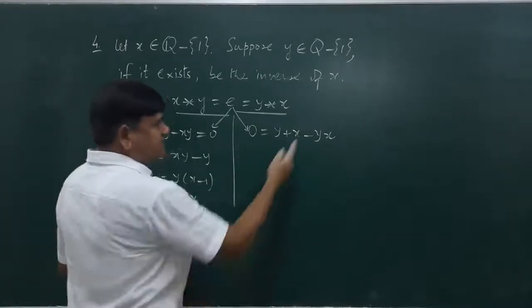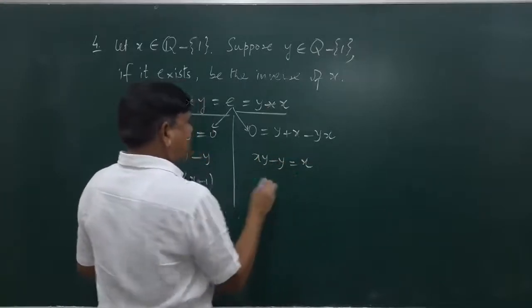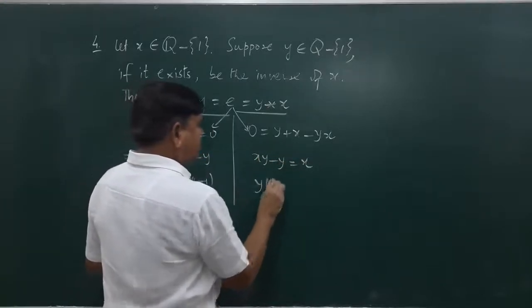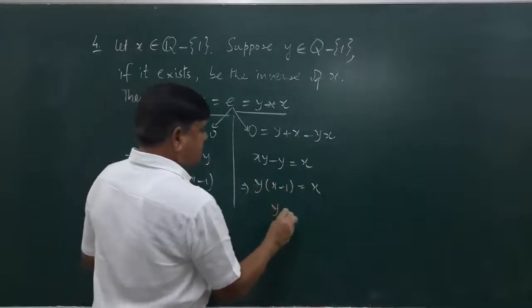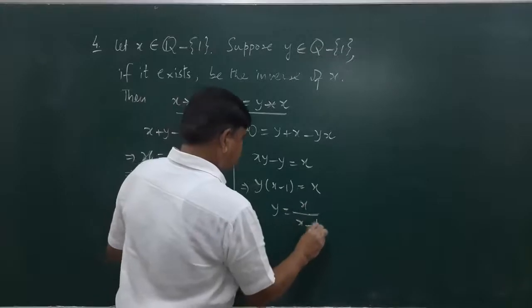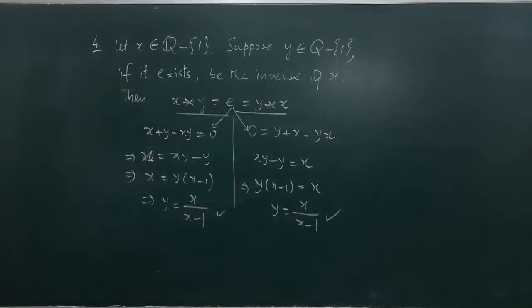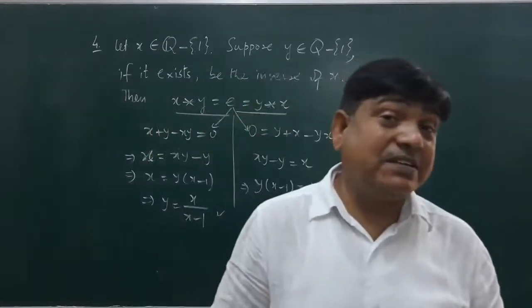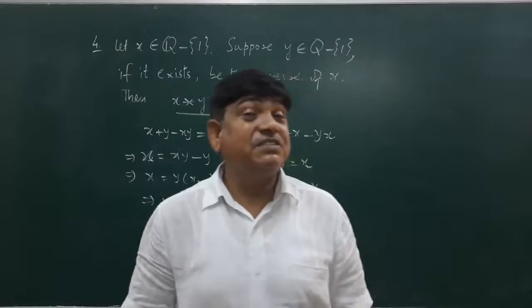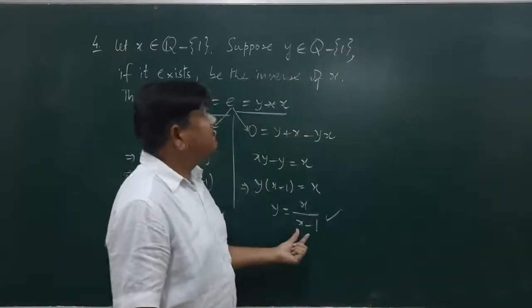If we simplify this, just transpose, take y common. Definitely the denominator is x minus 1, and we know that division by 0 is not allowed, so x is not equal to 1.